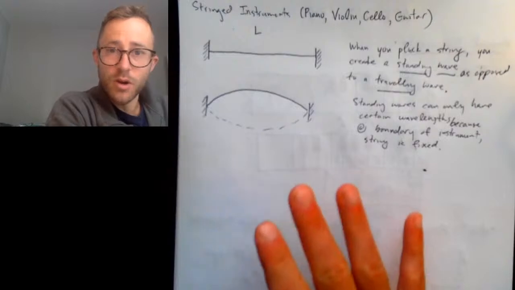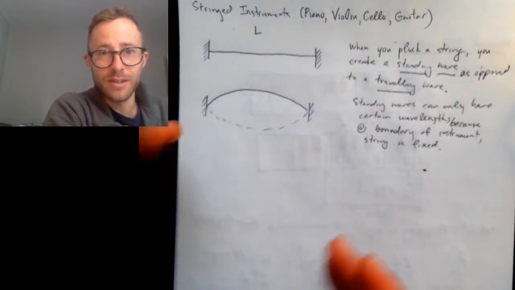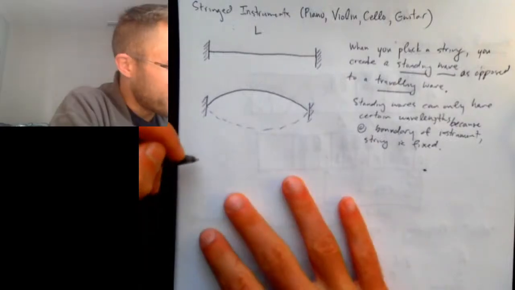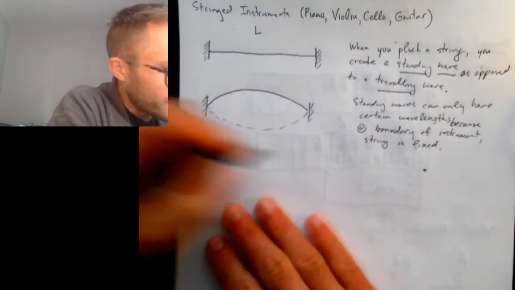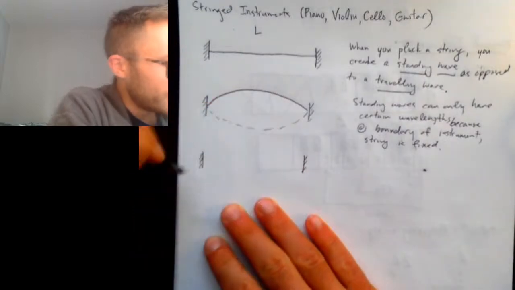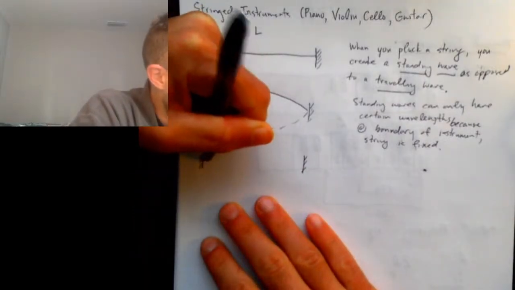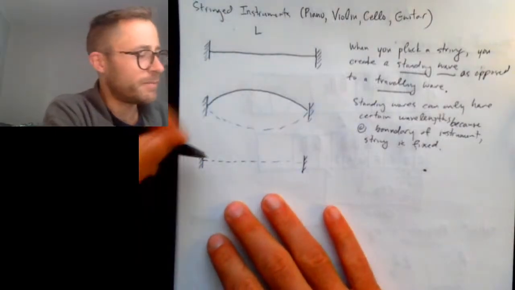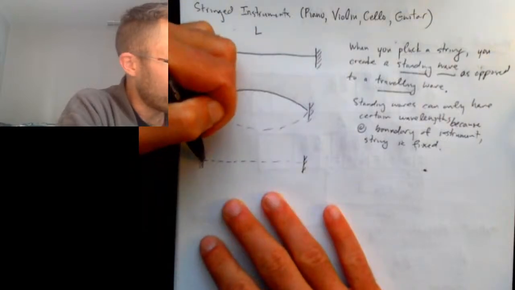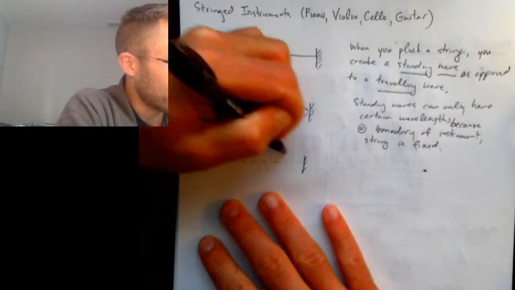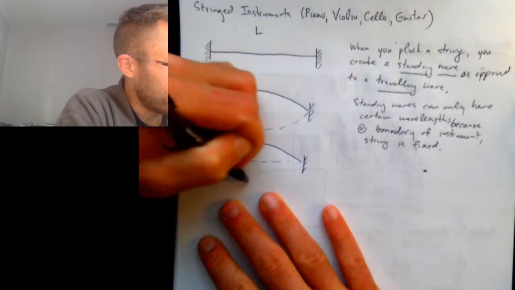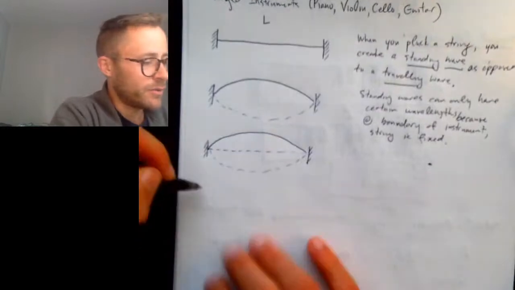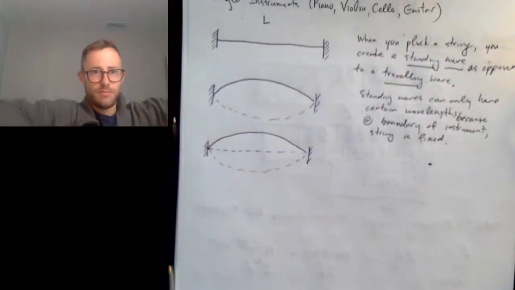So let's draw. What are the possible standing waves that can exist on a string? Okay? So I'm going to draw this one again. I'm going to draw the equilibrium position of the string as just a straight line. So you can have the wave where it goes up and then it goes down. So the wave is going like this.